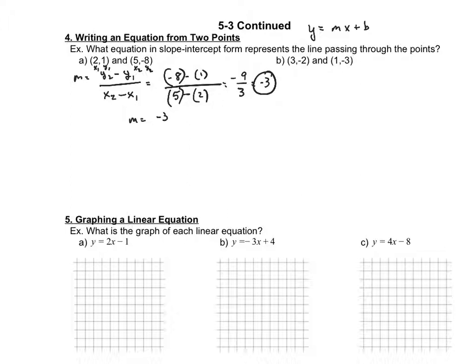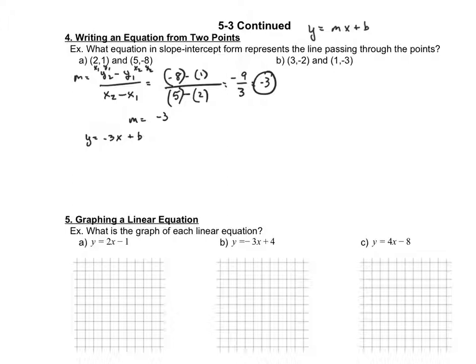Well, if I wanted to find out what b equals here, because I don't have b, I have y equals m, negative 3x plus b, and I haven't calculated my y-intercept yet. There are multiple ways to do that, and I'm trying to think what would be the best way to show, or we could end up discovering them both.